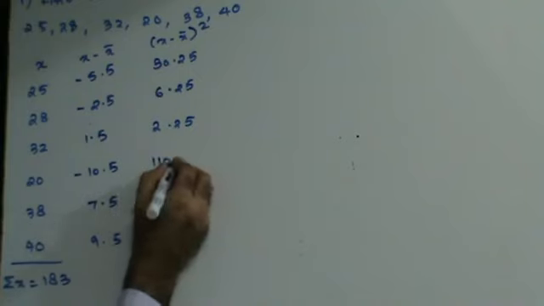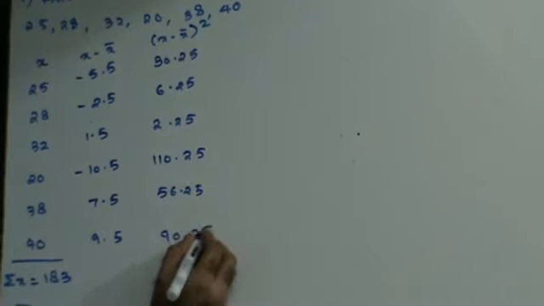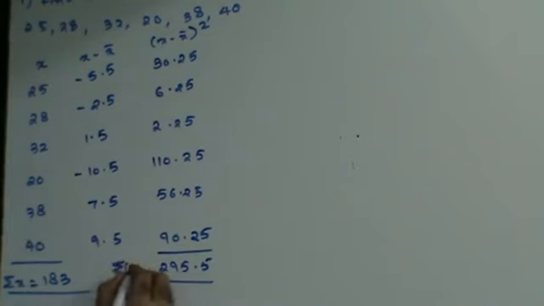This is going to be 110.25. 7.5 is going to be 56.25. And this is 90.25. When you add this, you will get the total as 295.5. Now this total is your sigma x minus x bar the whole square.